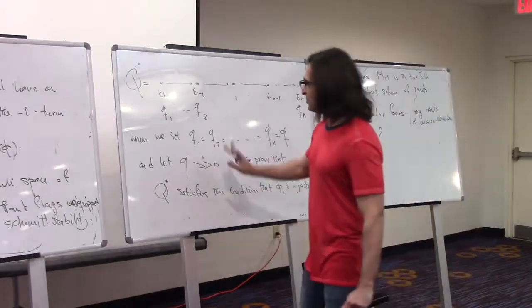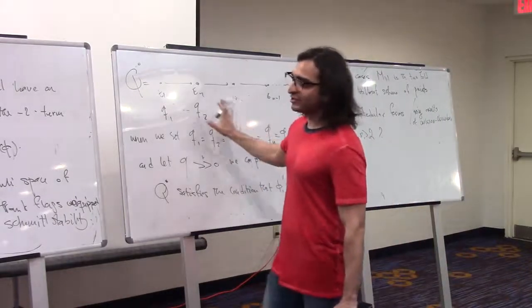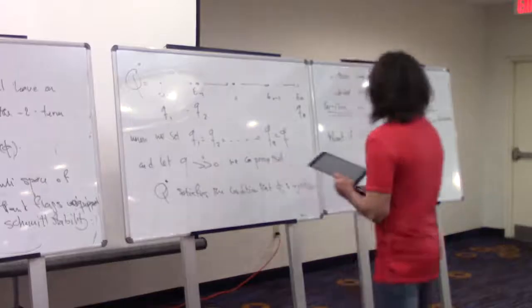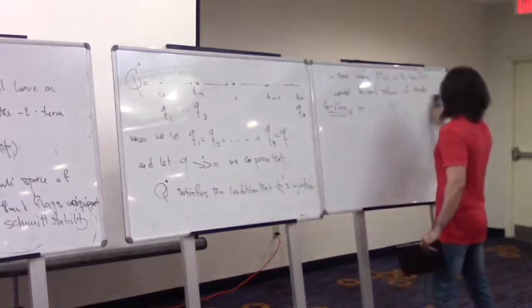And then the question is, how can we show that this contributes to Vafa Witten invariants? This is the last bit that I put in here.